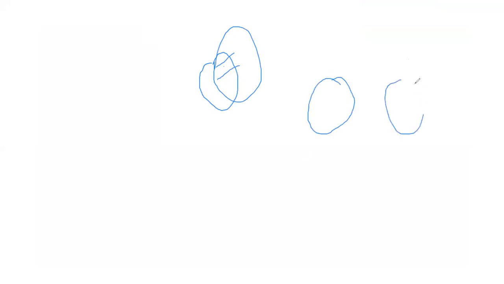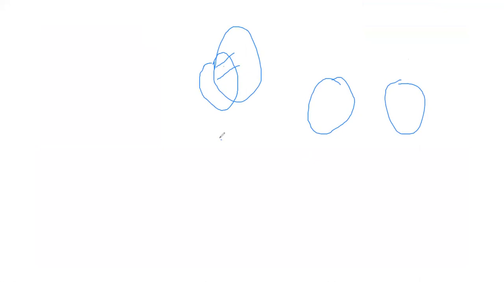You have to draw a diagram which is overlapping. Overlapping means it has some points in common. Then you have to draw a diagram with separate circles because they have no point in common. Third, now we come to subset and proper subset.